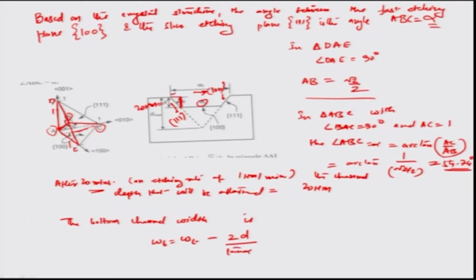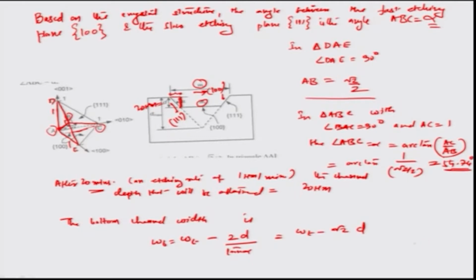D by tan alpha is this particular value right about here. So twice this taken off from Wt, which is the total top channel width, would give the bottom channel width. So this comes out to be equal to Wt minus root 2 d, because obviously tan alpha is equal to root 2, okay, in this particular case.